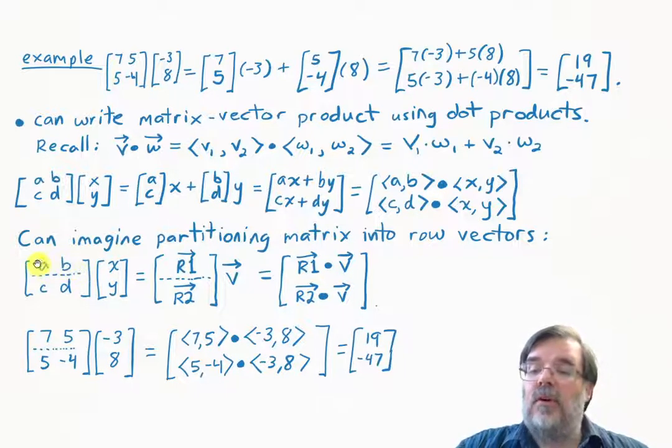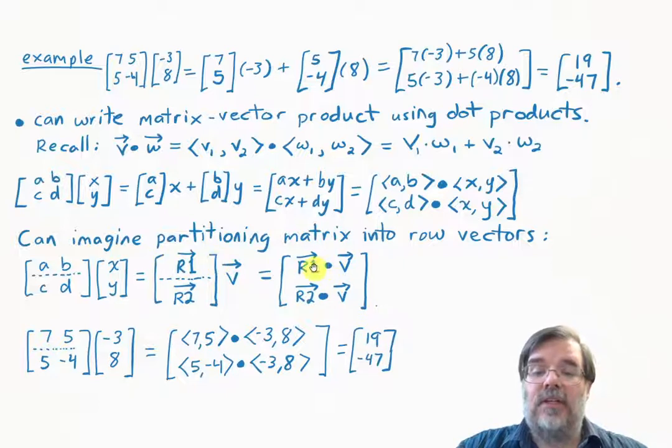This first row, a, b, let's call that vector R1 for the first row vector. And then cd, let's think of that as vector R2, the second row vector. Also, let's take the vector of values here, x and y, let's call that vector v. Then here's a very shorthand notation you can use to think about or help you remember how to calculate a matrix vector product.